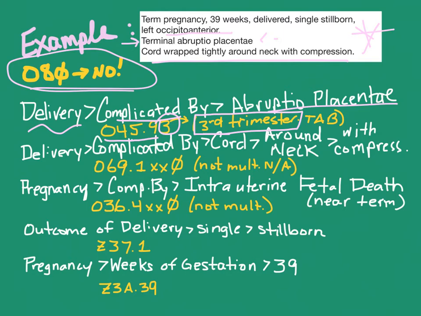Then we will pull in the other complication, delivery complicated by cord around neck with compression. These are all subterms here. The cord wrapped tightly around the neck with compression. This leads us to code 069.1.